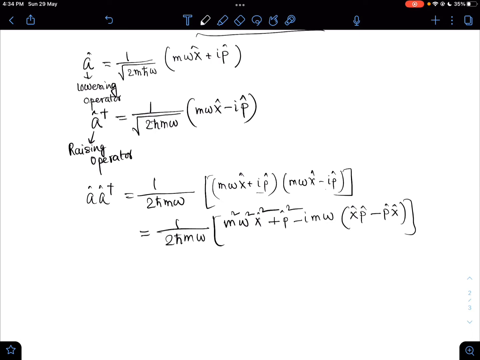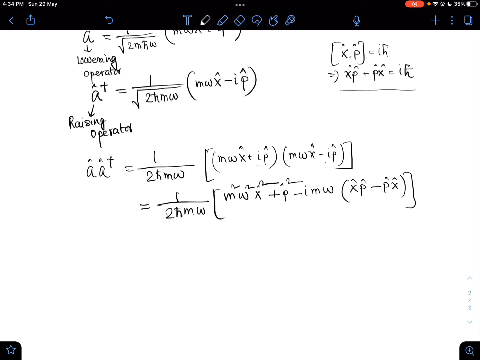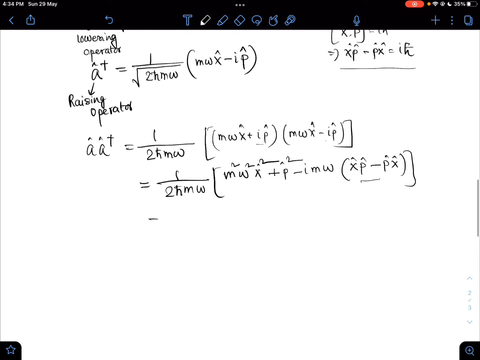But we know that the x p commutation is i h bar, so x p minus p x is equal to i h bar. We will replace this value here. So we get 1 by 2 h bar m omega times m squared omega squared x squared plus p squared, and we have here i h bar, so we get m omega h bar.